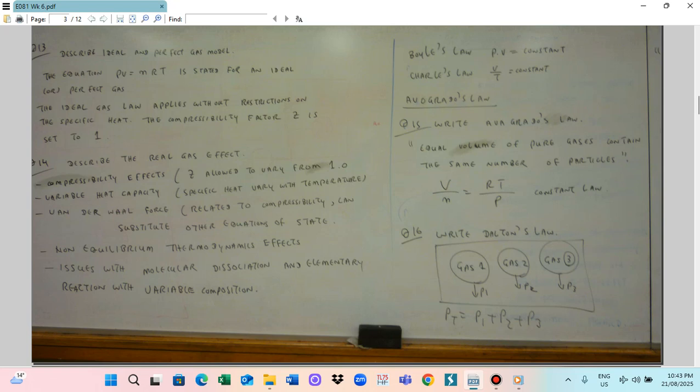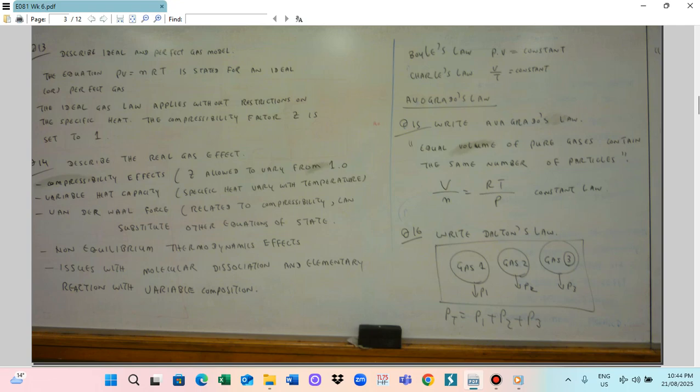So we can also write down the equation. That will be the Avogadro's constant. V by N is the constant. This is also RT by P, also the constant law. So V by N equals RT by P. So this is the constant law.